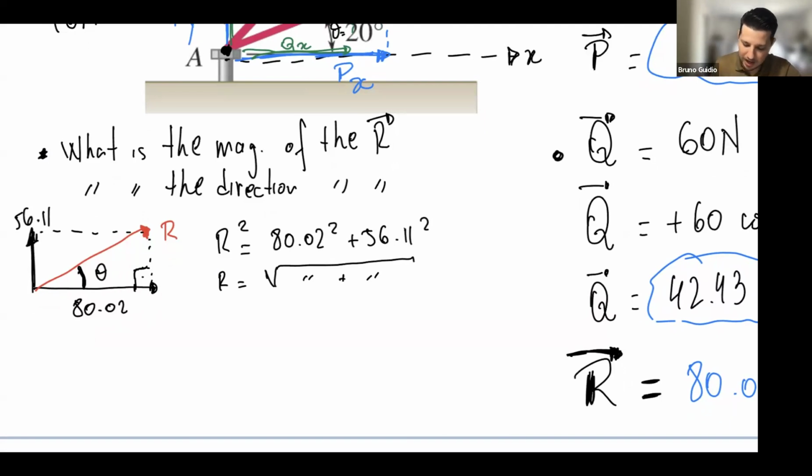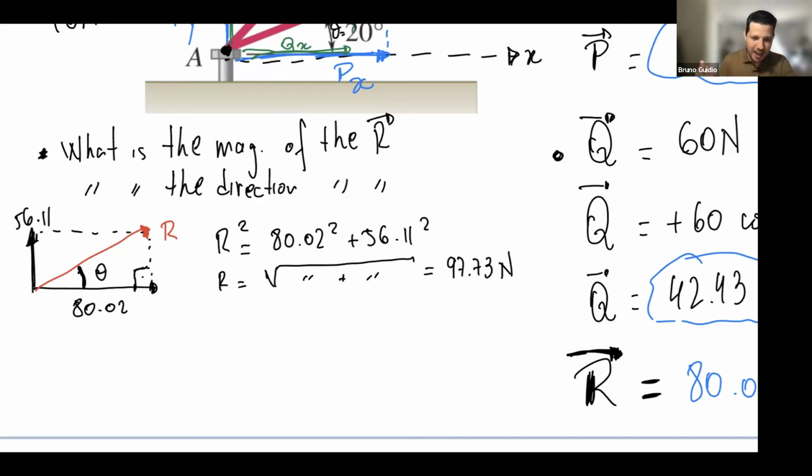At the end, I have here 97.73 newtons. Okay, so the magnitude of R is 97.73 newtons. What are its components? In X, I have 80.02 and Y 56.11. But the magnitude of R is 97.73, going to that direction. Which direction?